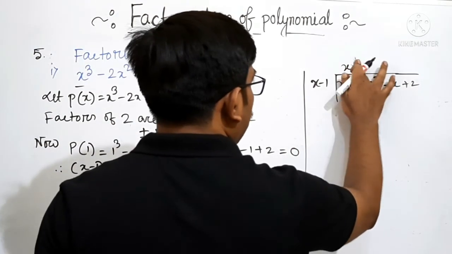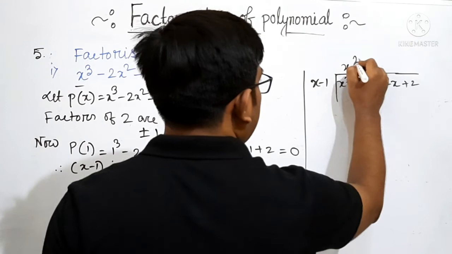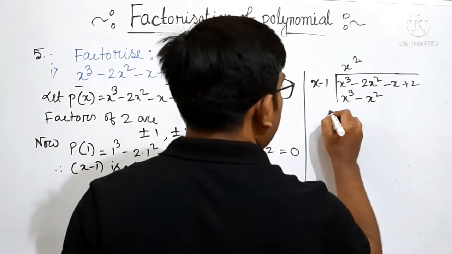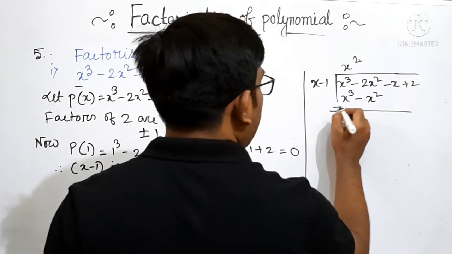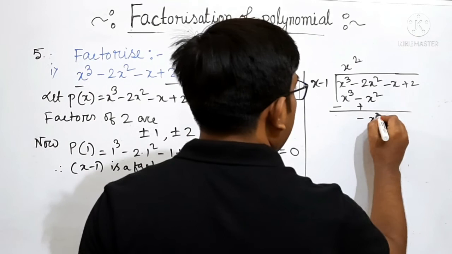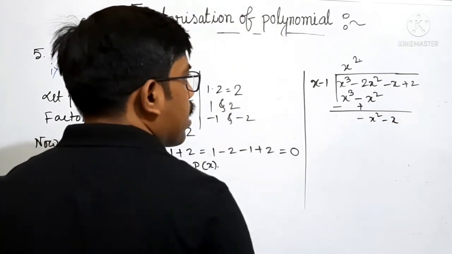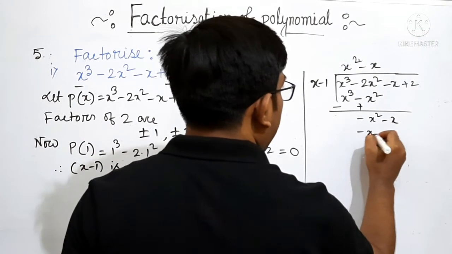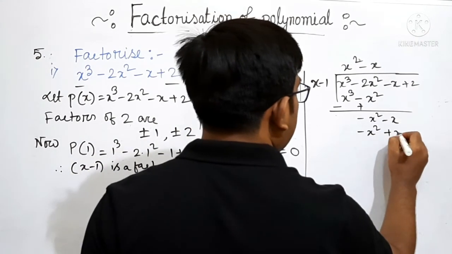So the first quotient will be x square and it will be x cube minus x square. Then subtracting, the signs will be minus, minus, minus, plus and it will be minus x square minus x. To get minus x square we have to multiply x by minus x. So it will be minus x square plus x.